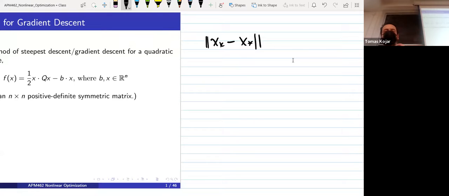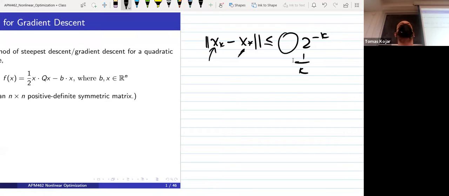So in the homework questions, they tell you find this, and then you do the gradient descent, and this will be some error. That will be the rate, like how far away you are from the minimum. This should be something like 2^(-k), and that's how fast you're going. It could be like 1 over k, I don't care. But it's how quickly you're going to the minimizer.